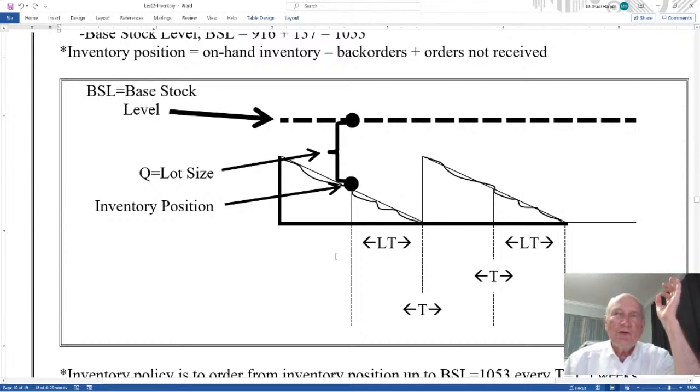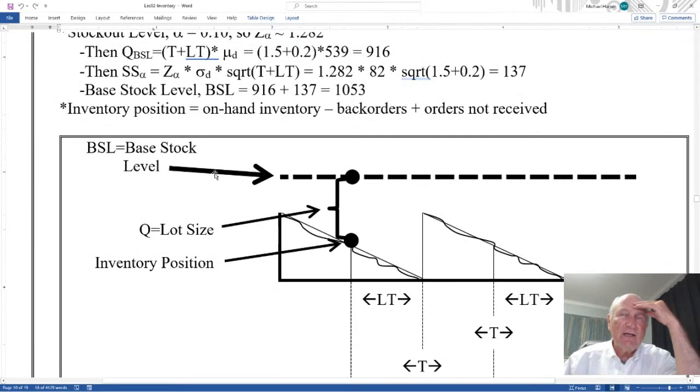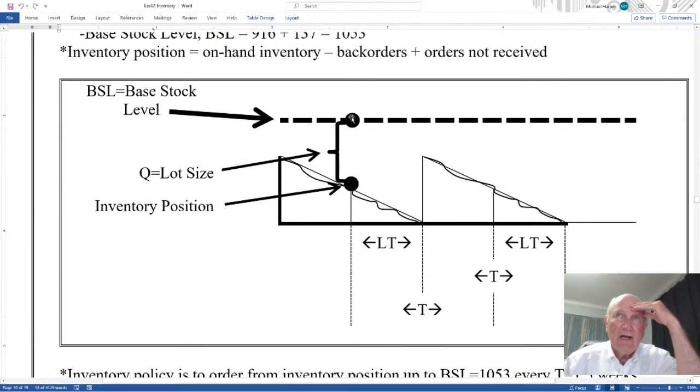So, when you have a periodic review system and stochastic demand, how do you do this? Well, the base stock level, which is a good way to do it, and this is very common, you have a base stock level right here, this point right here. And this is an inventory level. Suppose this base stock level is 1,000 inventory items.